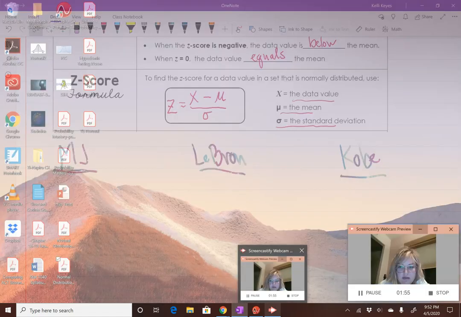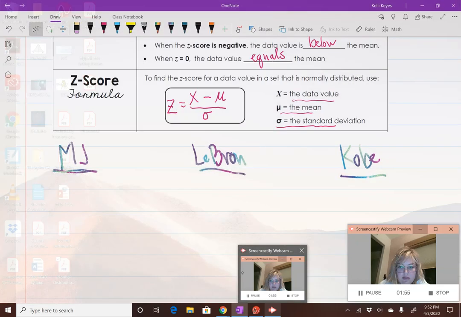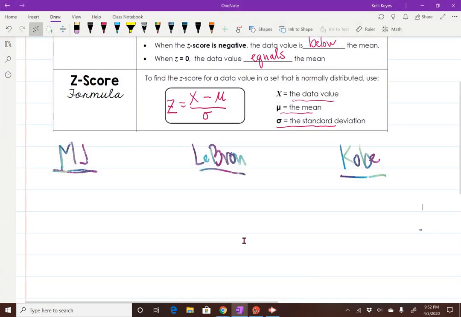Oh my gosh, sorry you guys have to see me right there. I gathered all the data from what Google and other resources said were their best years. So I'm just looking at one season. So for MJ, I think I did the 1990 to 91 season.